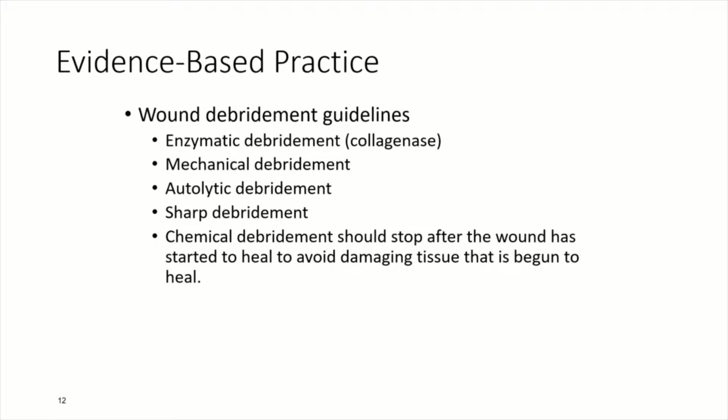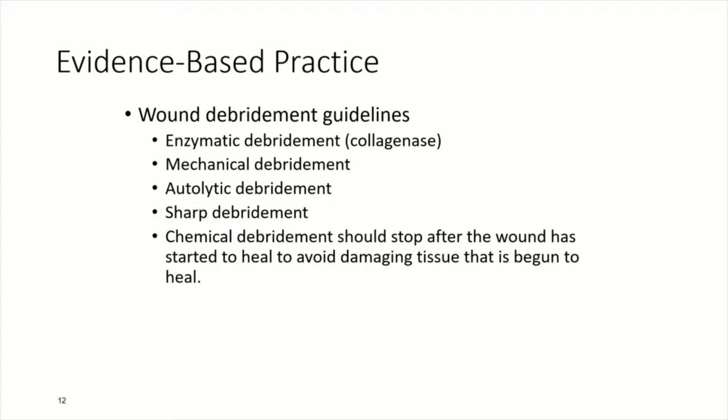So when you put that wet saline gauze within a dressing and you allow it to dry, and then you remove that gauze from that wound, it's going to rip out all of the dead tissue. The problem with that is it also takes out newly healed or new tissue.